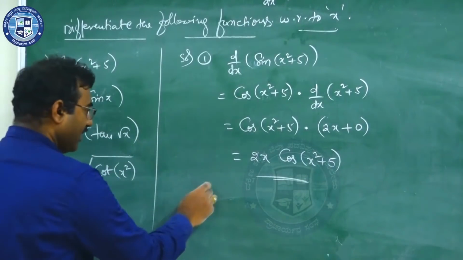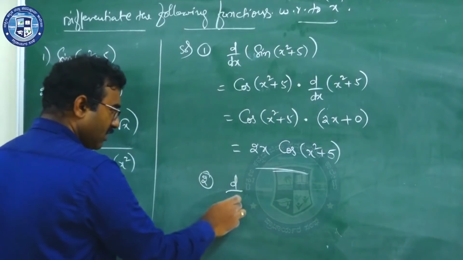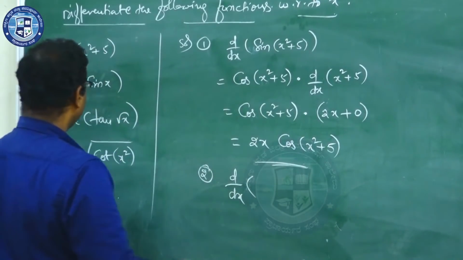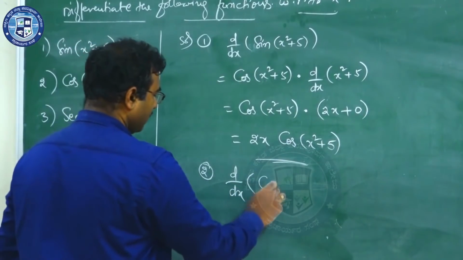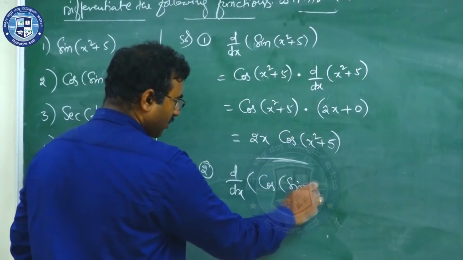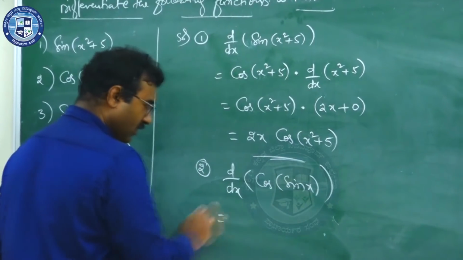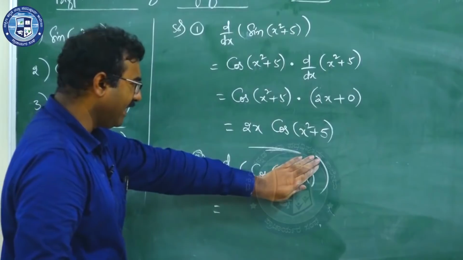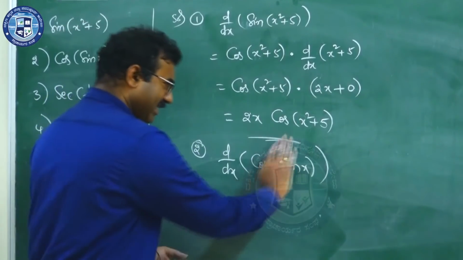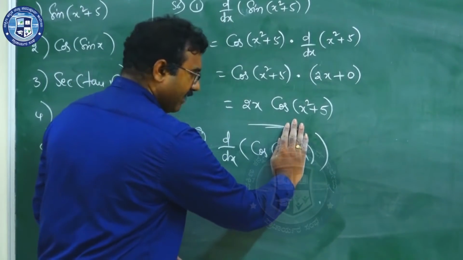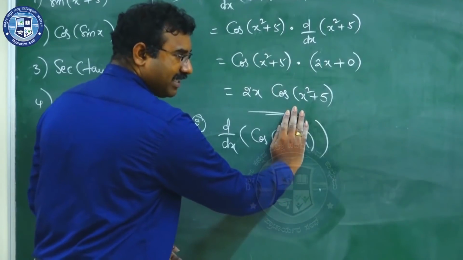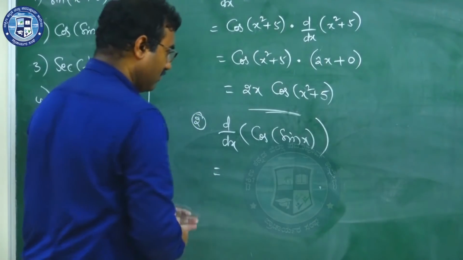The second problem, if we take it, d by dx of cos of sin x. So, again, d by dx of cos x, feel like x it is, whatever it is present here. D by dx of cos x is minus sin x.